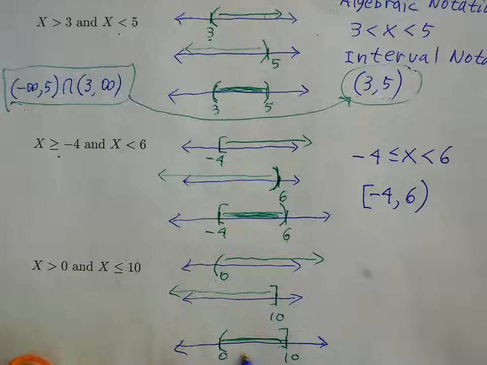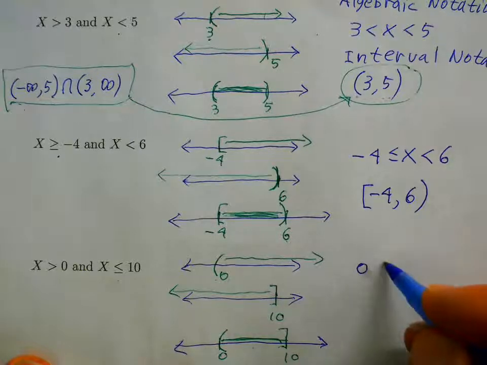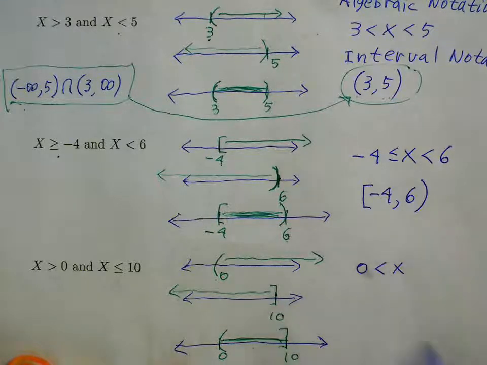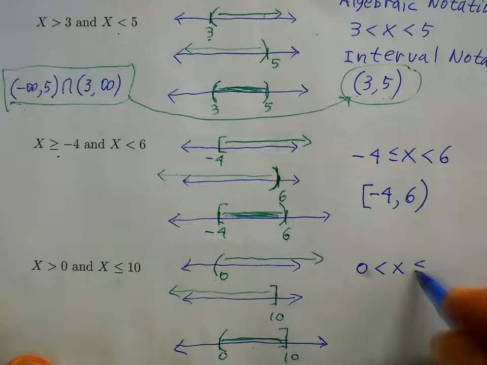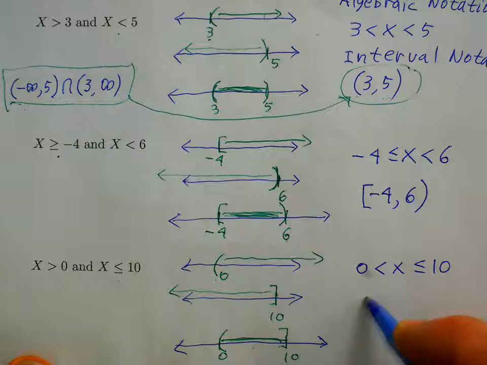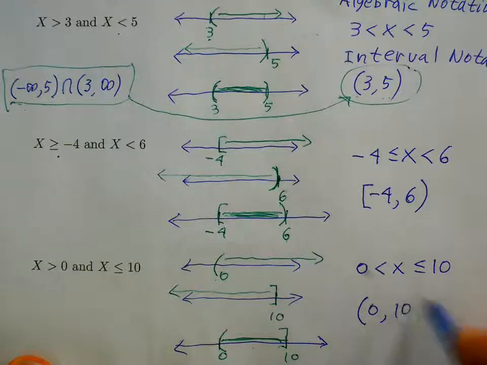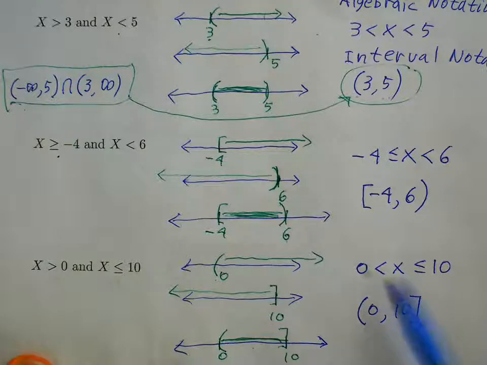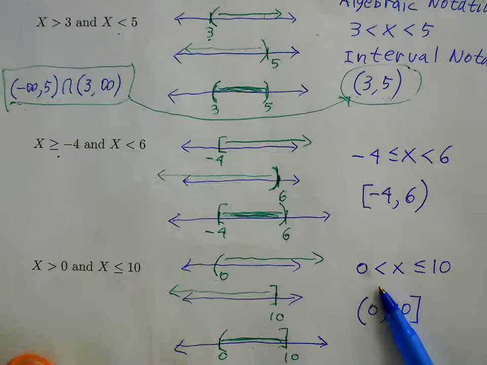The algebraic notation, x is a solution if x is a number in this set. So the algebraic notation is 0 is less than x, and x is less than or equal to 10. The interval notation is parenthesis 0, comma 10, bracket. So a parenthesis corresponds to an inequality without the or equal to part.